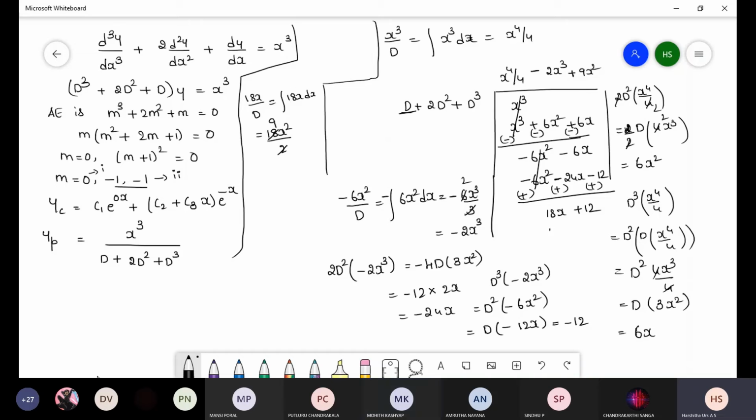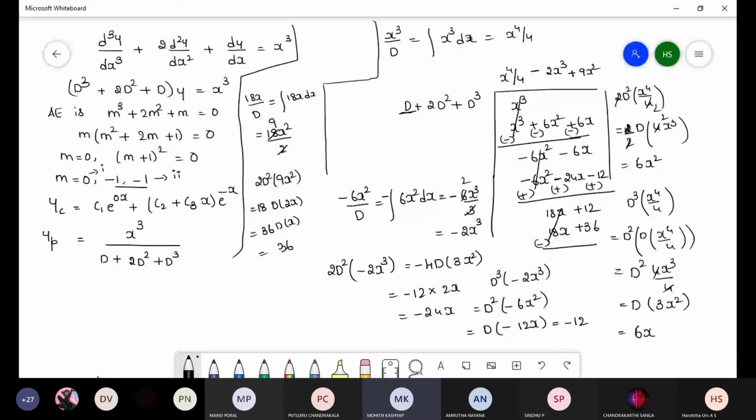Next, the double differentiation of 9x square. So I write 18 outside. The first differentiation of x square is 2x, so here we get 36 into the differentiation of x, which is 1. So here I write plus 36.